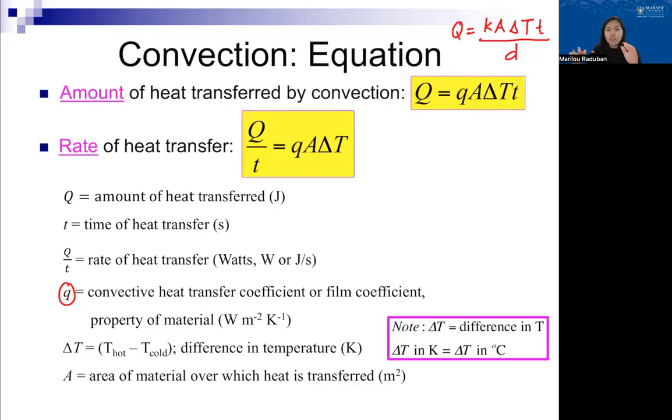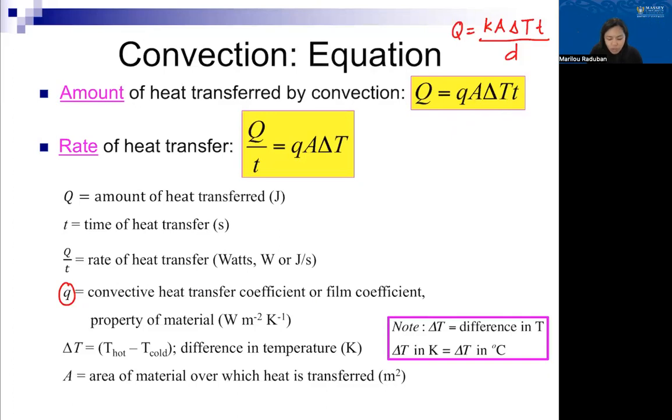But in convection, the hot particles in one part of the room will just randomly travel around the room. So there's no set distance d to talk about, and heat transfer by convection doesn't have this thickness or distance relationship. So it's just hA delta T times t.